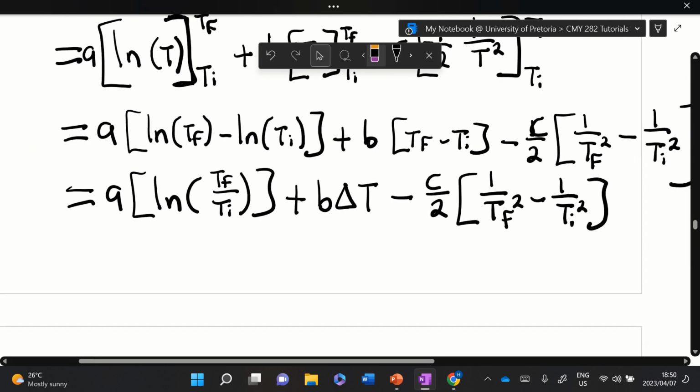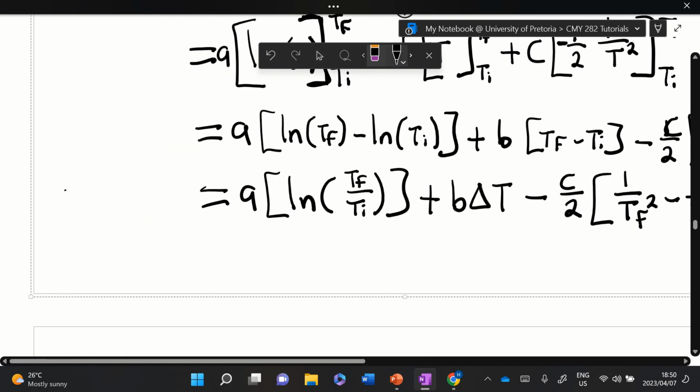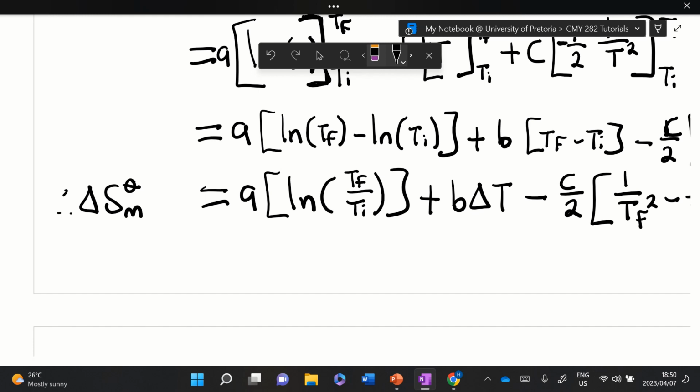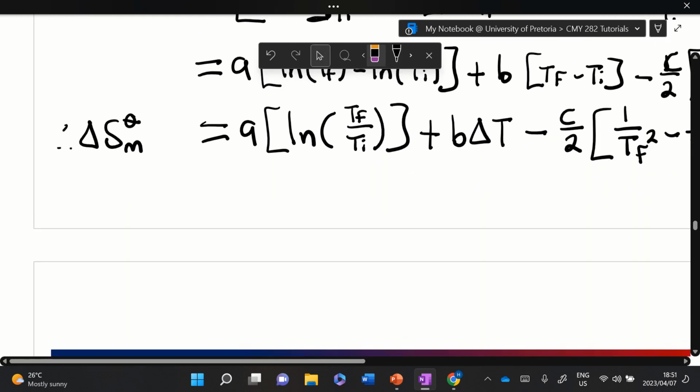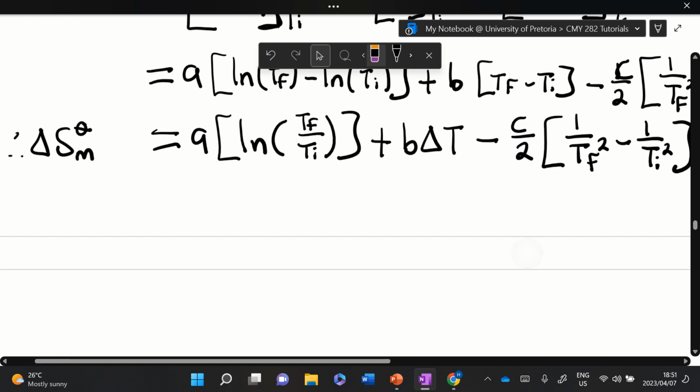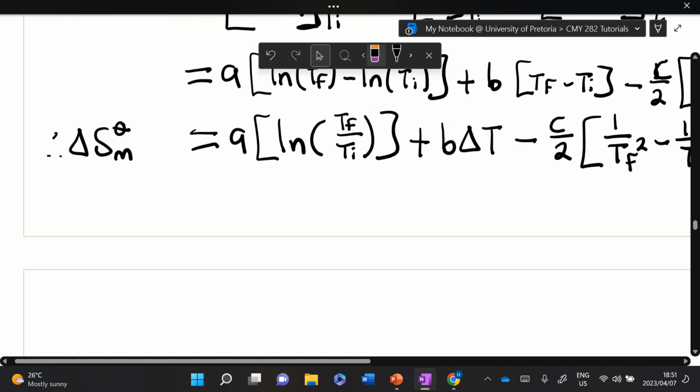Okay. Right. That of course is equal to, as we said, our change in molar entropy. So that's the change. We wanted to calculate the entropy at 373 Kelvin. So how do we then get the entropy at 373 Kelvin?